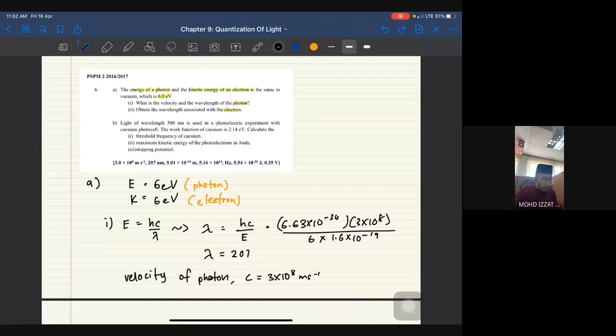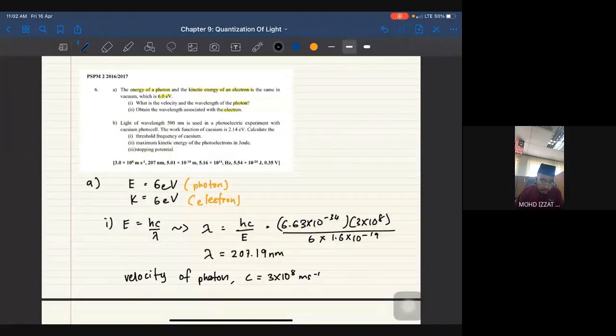Or alternatively, you can write this as 2.07 times 10 negative 7 meter pun boleh juga.